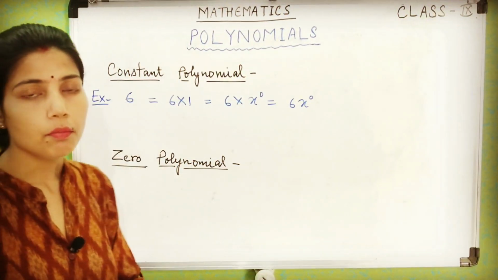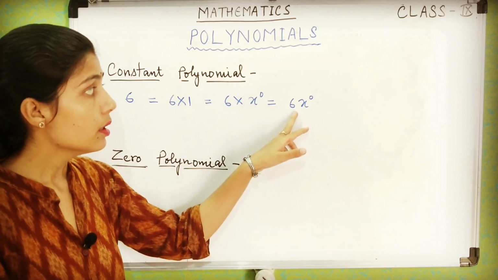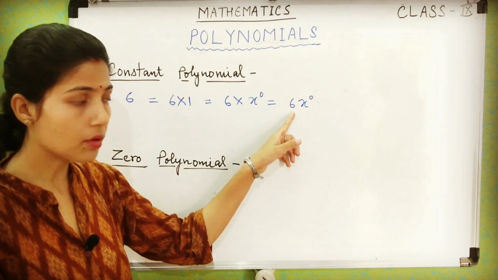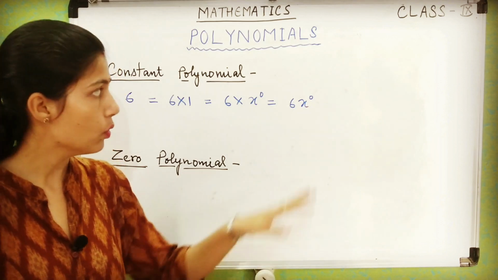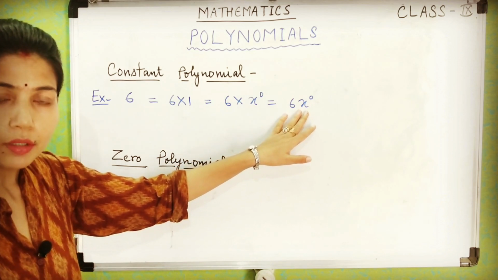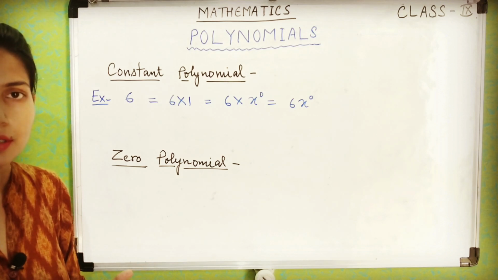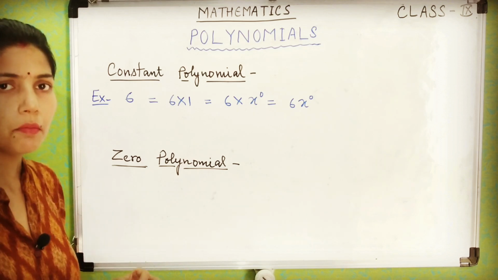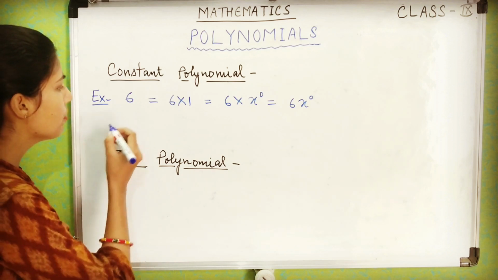According to the definition of polynomial, any algebraic expression in the form of ax raised to power n, so a is here 6, a constant, the variable is x, raised to a whole number power, and 0 is a whole number. So this is also a polynomial. Every number, either rational or irrational, integer, natural or whole number, is always a constant polynomial. There can be more examples.